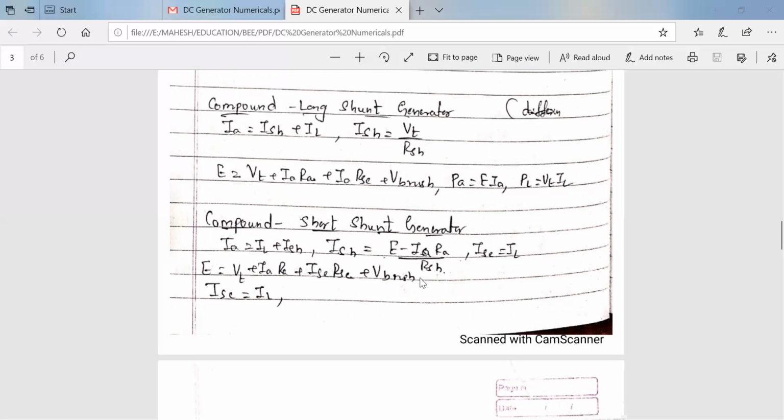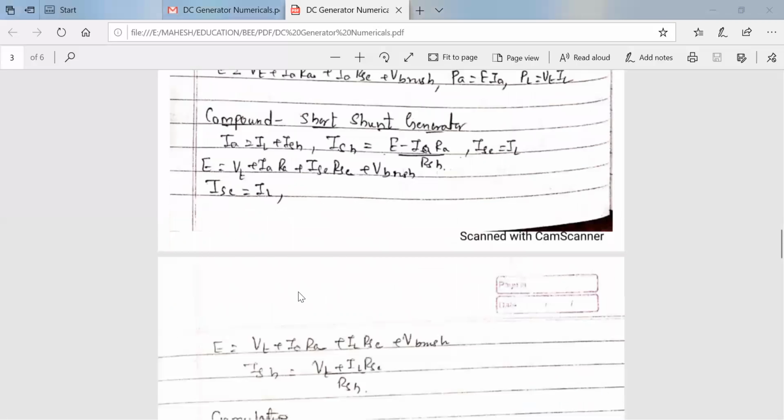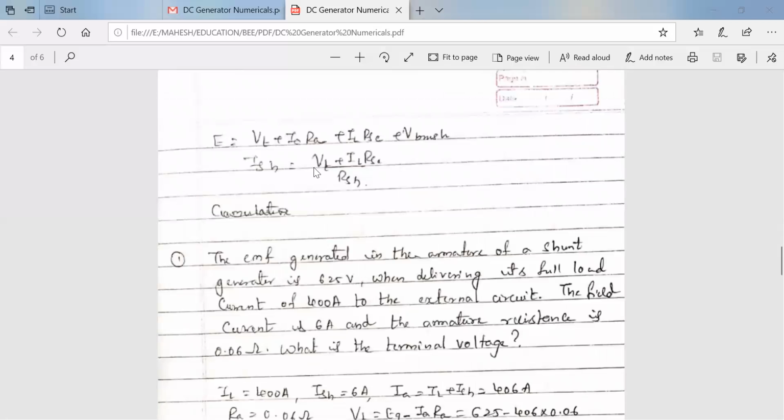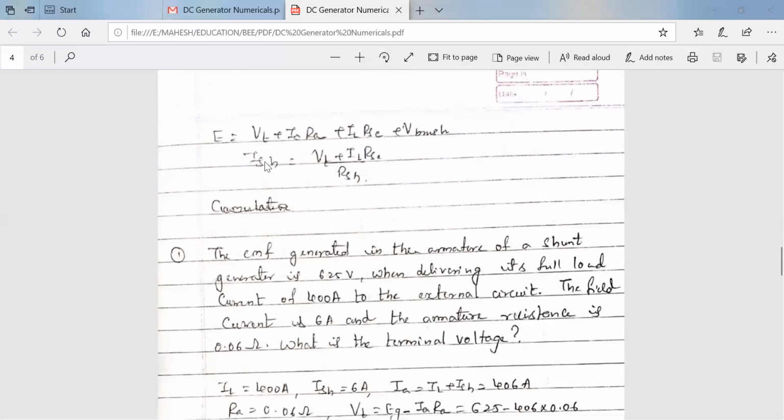And in this one, ISC is equal to IL. And the total EMF is again Vt plus Ia into Ra plus IL into Rsc plus Vb. And you can even write ISH in terms of terminal voltage, that is given by Vt plus IL into Rsc divided by RSH.